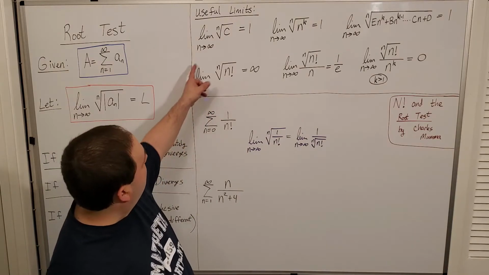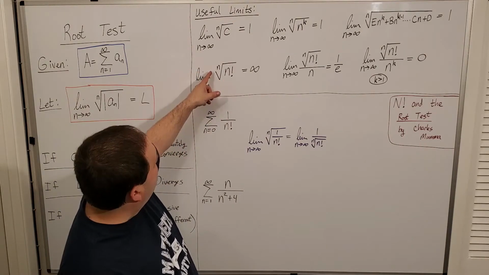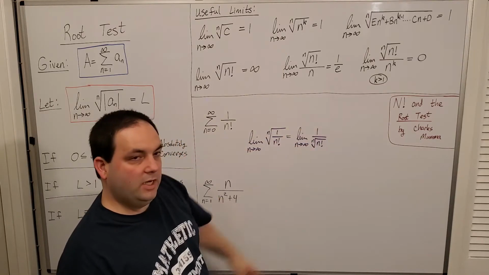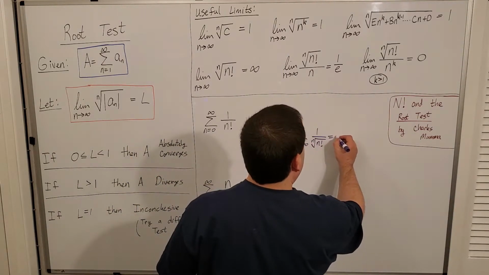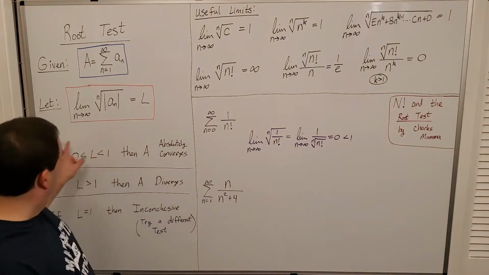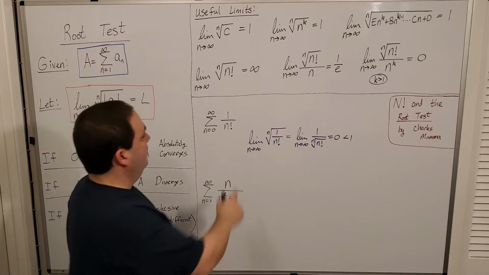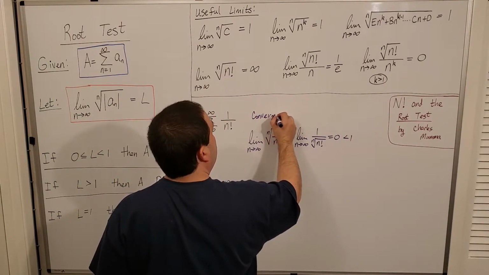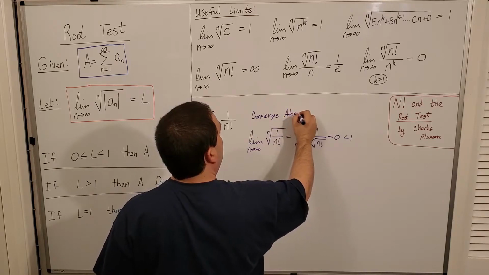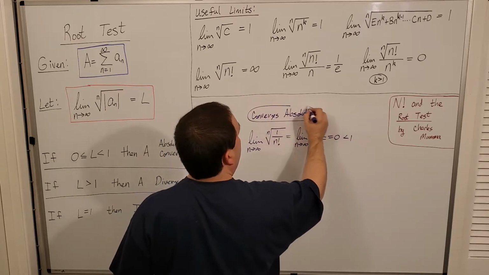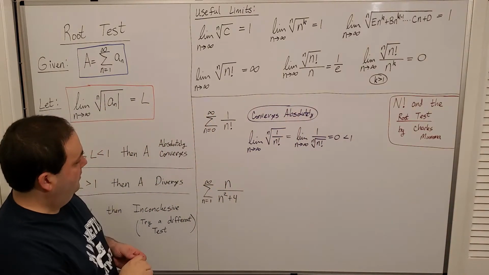And as we just saw, the limit as n goes to infinity of the nth root of n factorial is infinity. So it's going to be 1 over infinity, which is going to go to 0. And since 0 is less than 1, right, we're in this category right here, this one converges absolutely, as we've already seen previously, right? Just another way to prove the same thing.